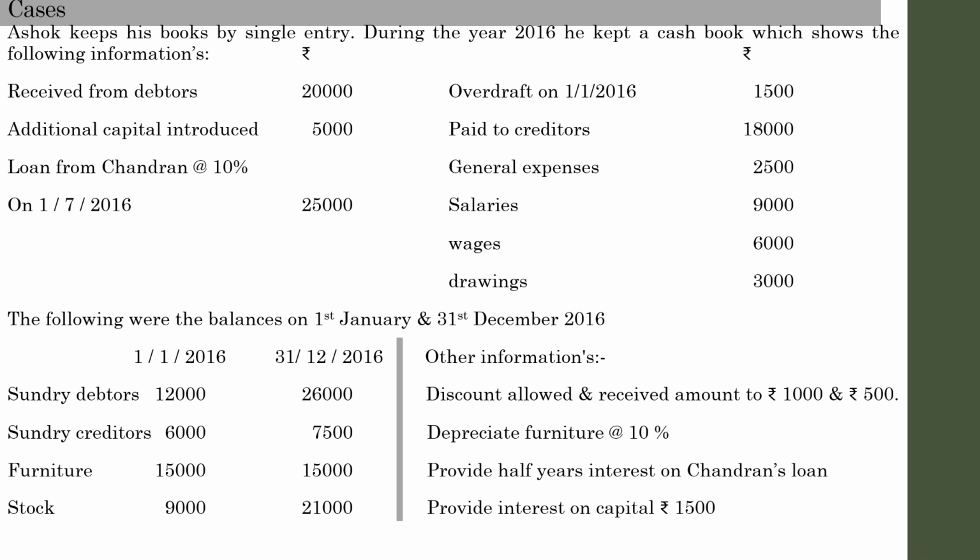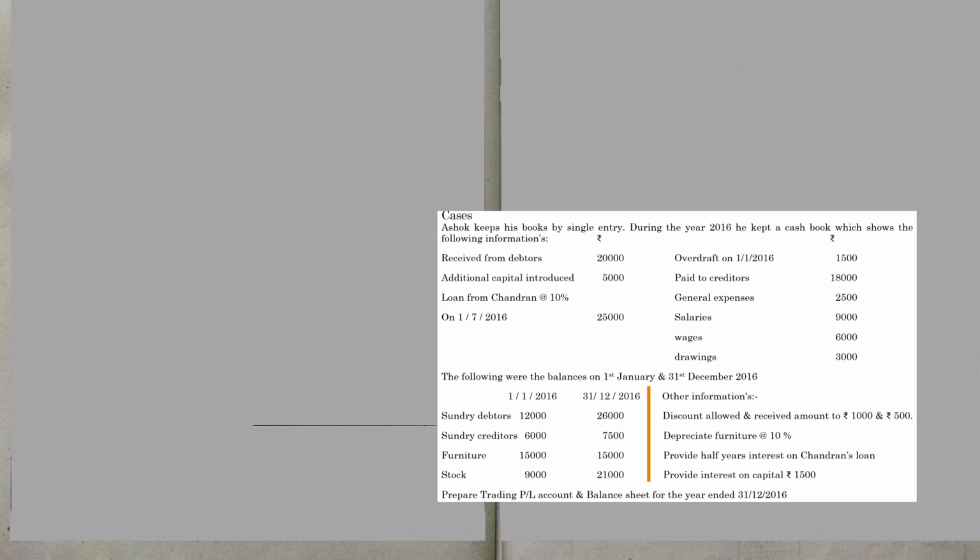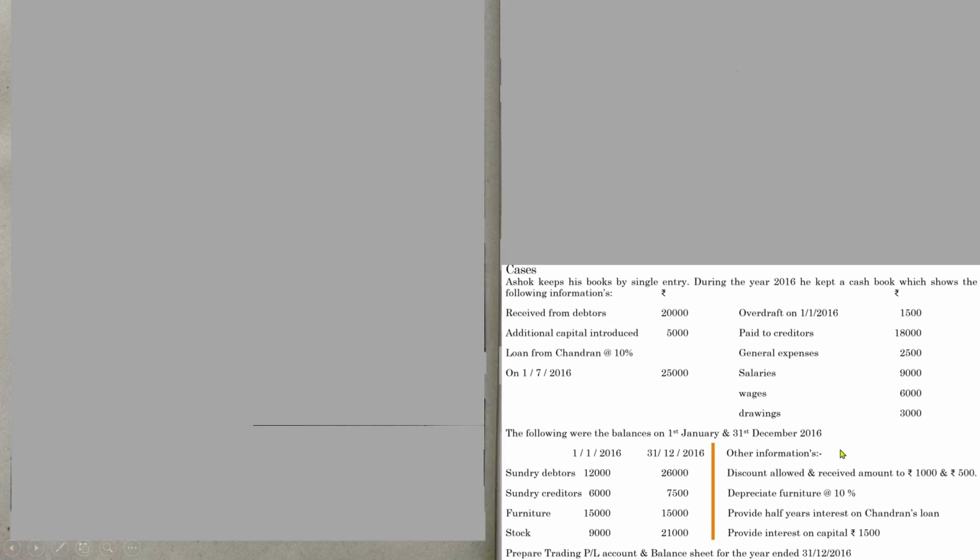Next one. Let us prepare certain accounts. You have to prepare trading, profit and loss, and balance sheet. But before we go into those, you need to prepare some ledger accounts. This is the question which we have discussed now. For the sake of computation, we are showing it here. Let us begin with cash.